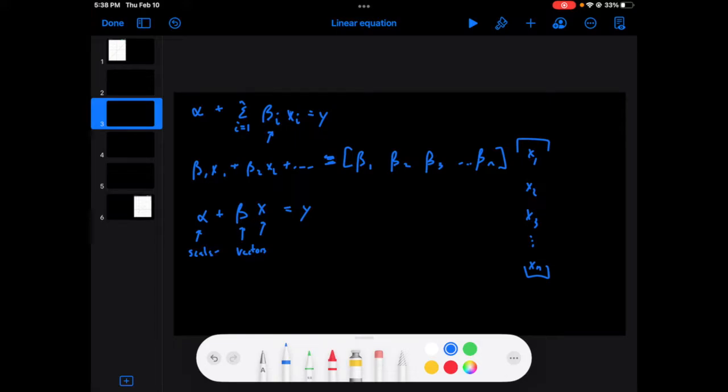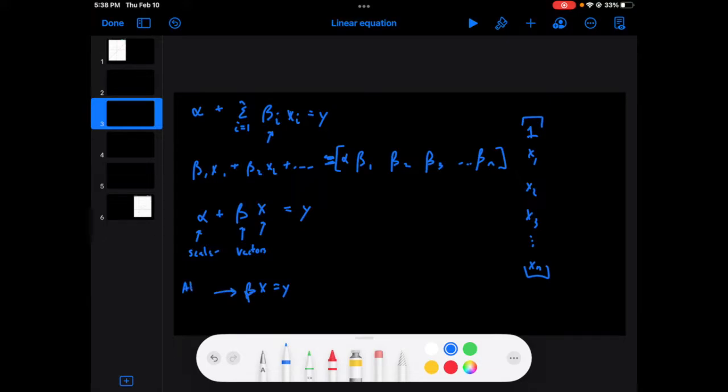And if you want to get really, really concise, which we do here, if you were to have alpha be a part of this vector, let's put alpha in there, and 1 as part of this vector, well, you could put alpha inside that beta. So now we just have beta x is equal to y.